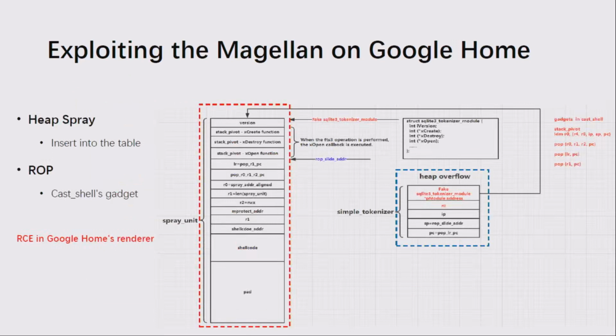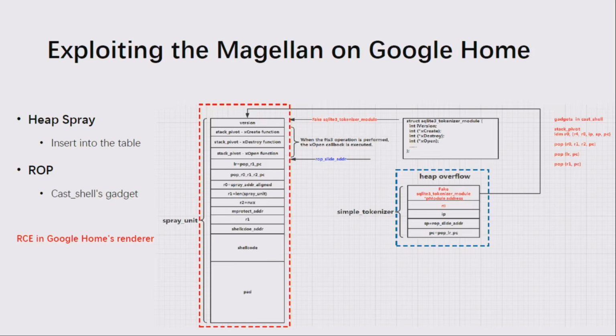After these three steps, we can achieve RCE in Google Home's renderer. Chrome shell is a large binary program that contains many available ROP gadgets, so using ROP gadgets from Chrome shell is more stable and convenient.